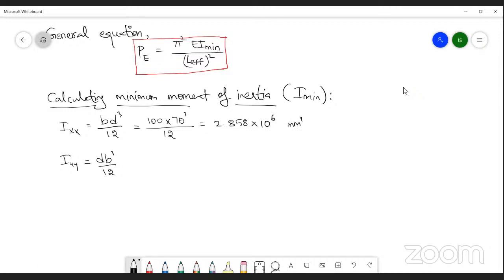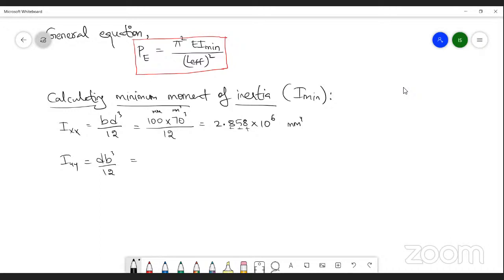To get a precise answer, I would suggest writing three decimals after the point. This is just my opinion. B is mm, D is also mm, and over D we have cube, so the unit will be power 4.